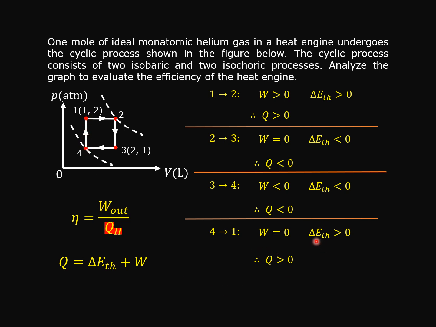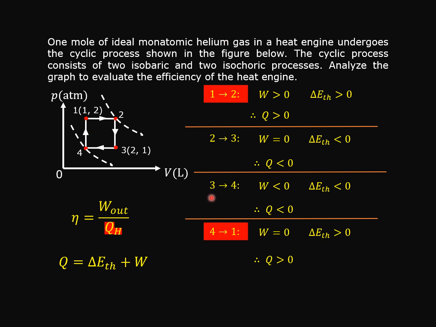Therefore, the work done is equal to 0. So based on the first law of thermodynamics, W equal to 0, internal energy change positive, then Q must be a positive value. So in this process for changing the state from state 4 to state 1, the heat is absorbed by the gas in the heat engine.